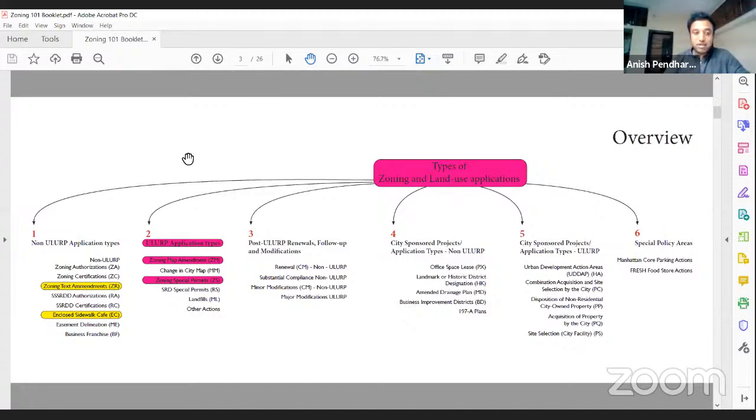So non-ULURP applications, ULURP application types, and the colored ones are the ones we have introduced in the booklet: zoning text amendments, enclosed sidewalk cafes, zoning map amendments, and special permits. It's a brief overview of all the types of work the New York City Planning Department does.